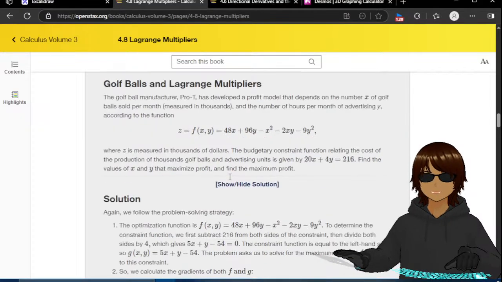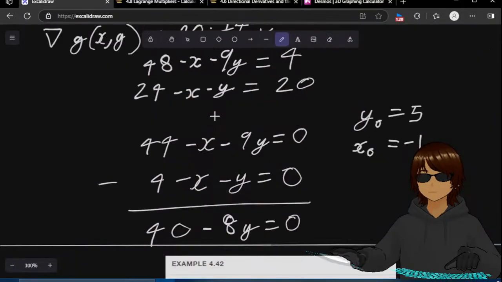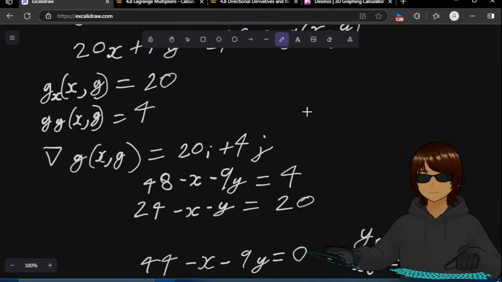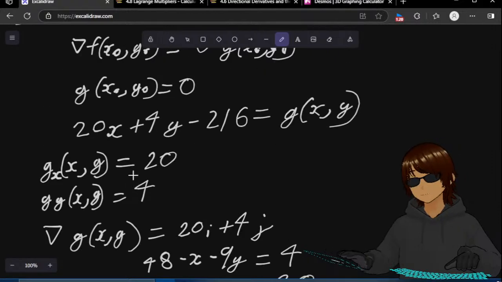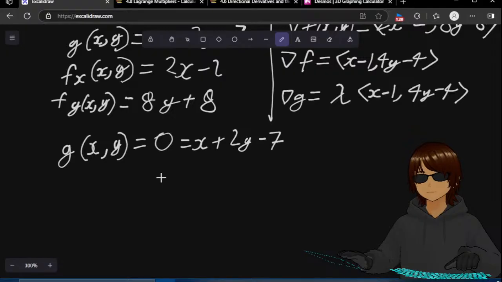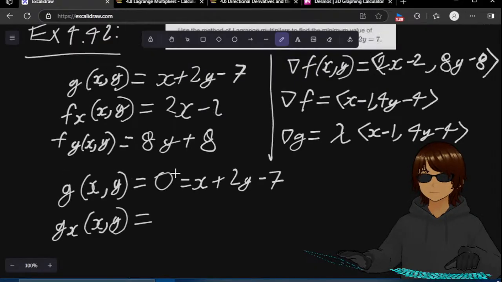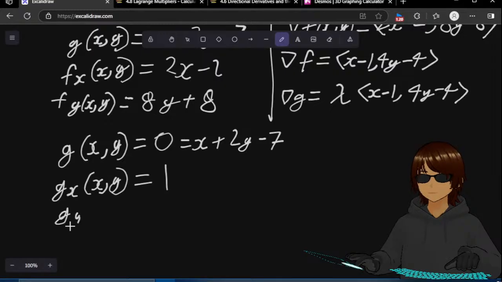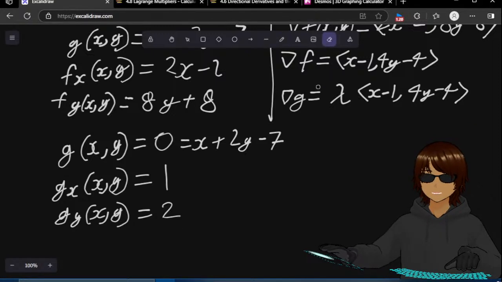Where did they get 5 and 1 from? Or like this, right? This is x. No, this is just 1. And with y, it's 2. So this over here.